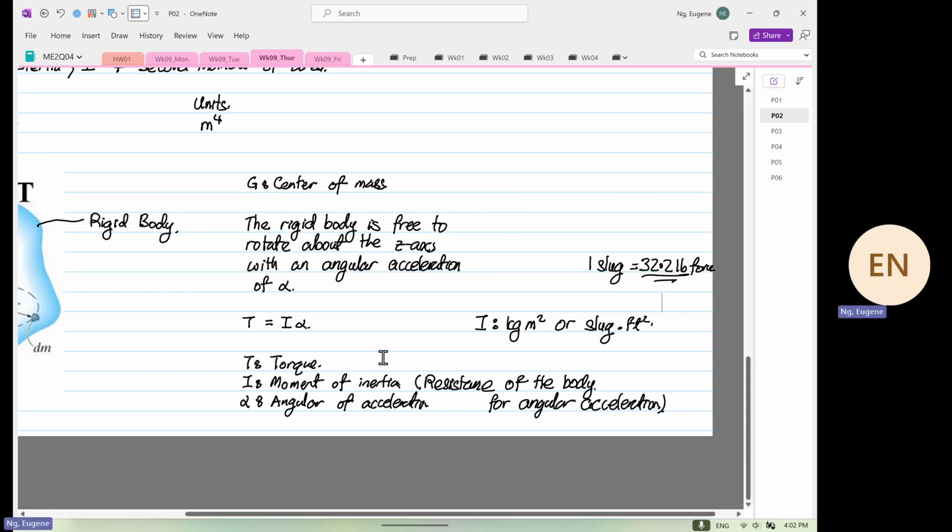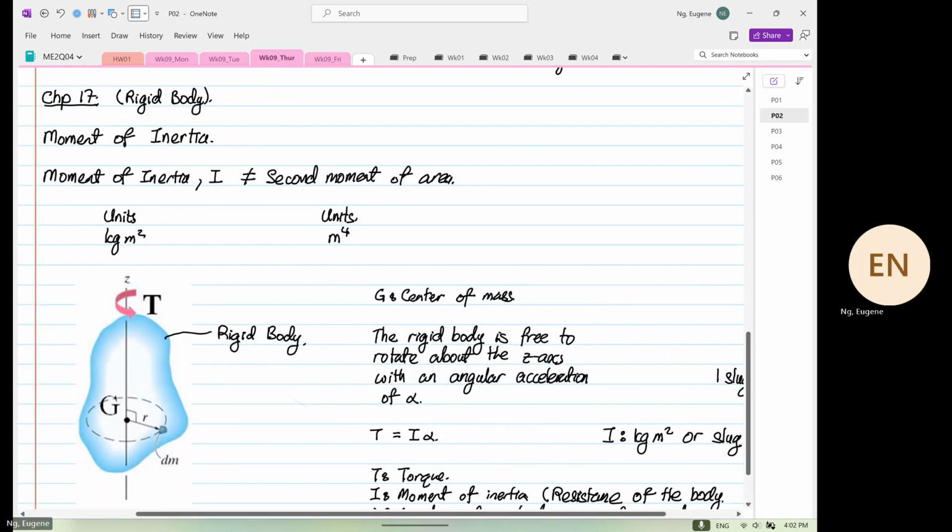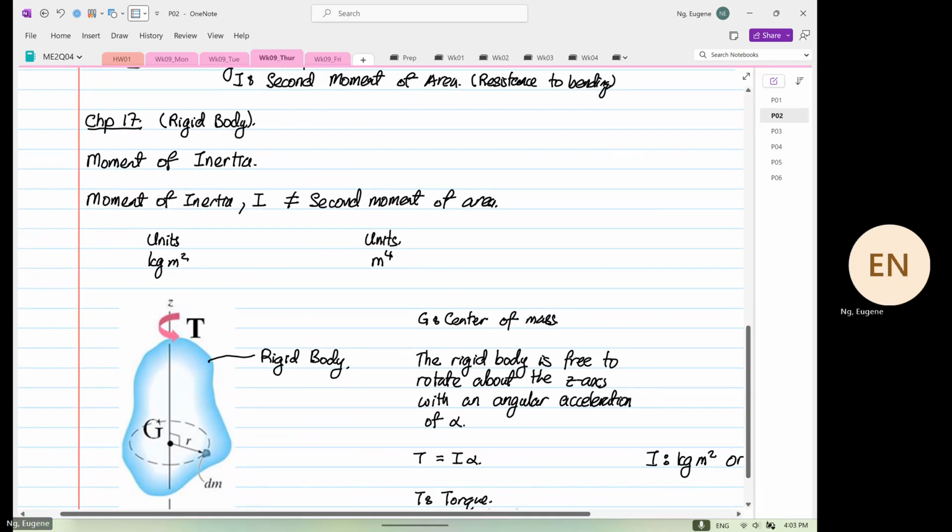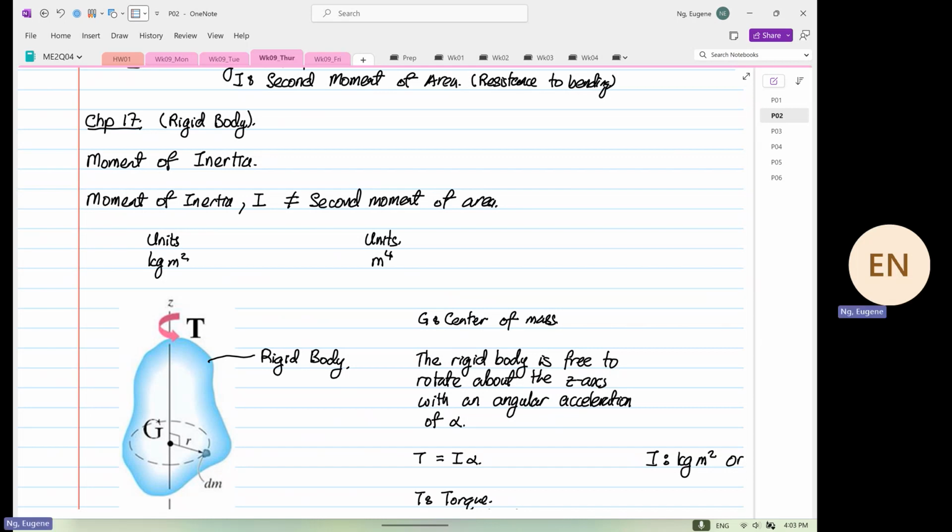Any questions so far? Yes, sir. Moment of inertia and second moment of area are two different things. Angular acceleration.